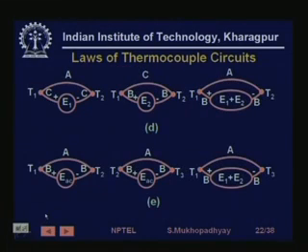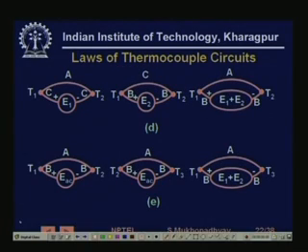Next, you have two rules: the law of intermediate metals and the law of intermediate temperatures. It says that if you have A and C, see these three cases, you have the same temperatures T1 T2, T1 T2 and T1 T2. So the temperature difference is the same. Now if you connect A and C, you get an EMF E1.